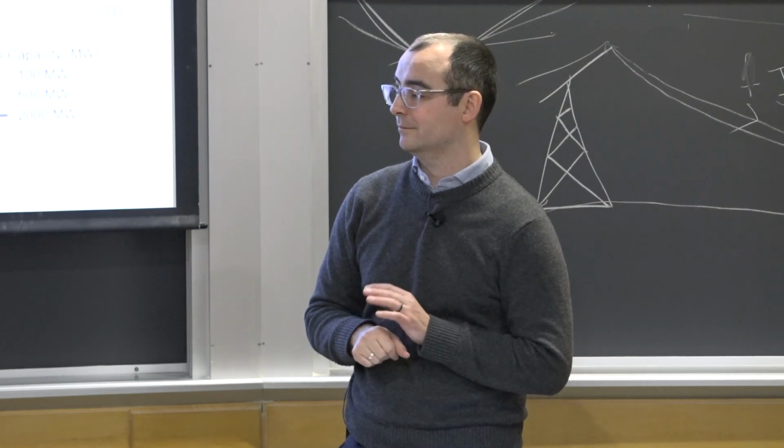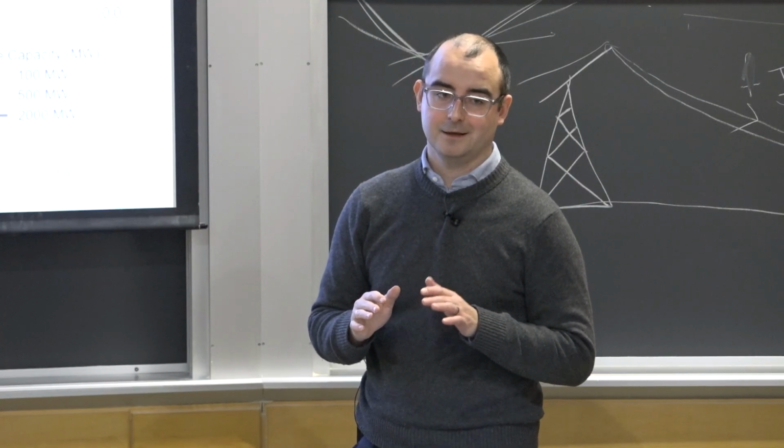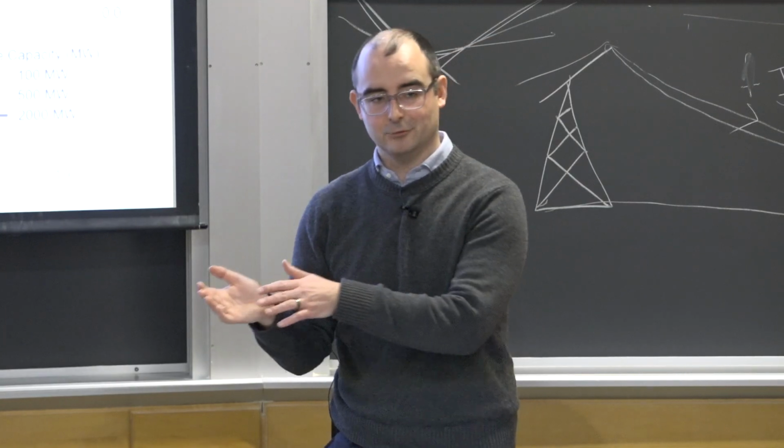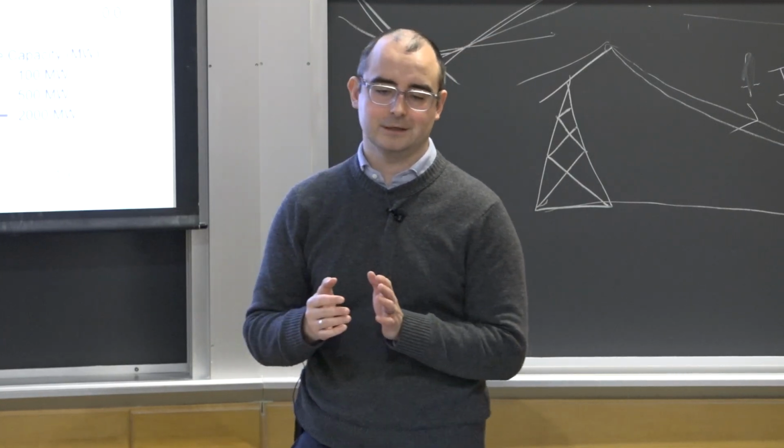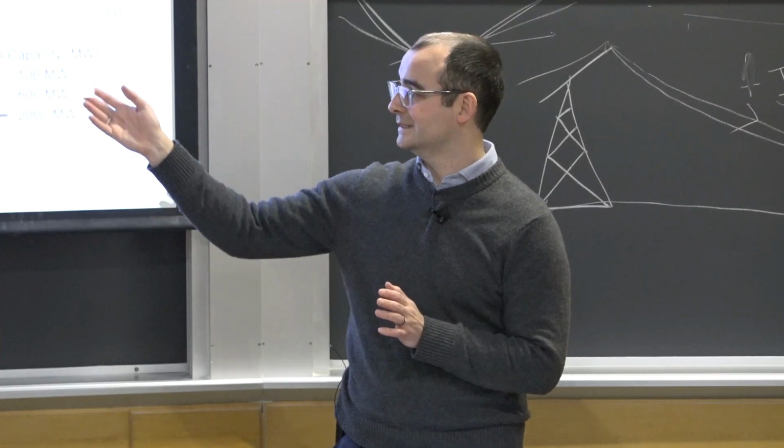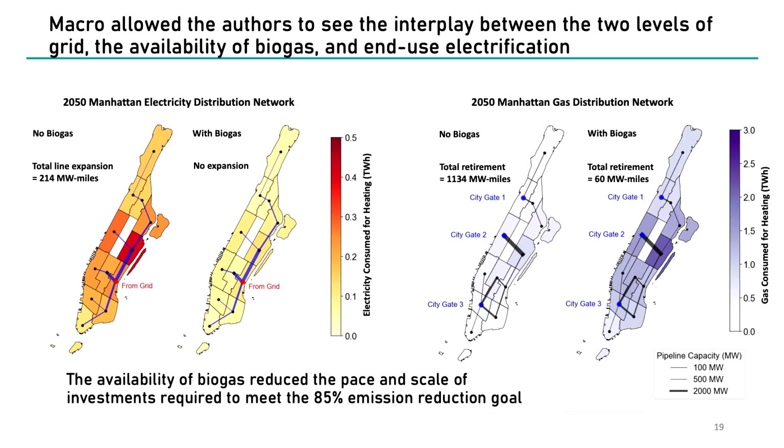You could put in some constraints on the model to say, I want to avoid some people in one of the parts of the grid paying a lot more than everyone else, so you have some kind of L1, L2, some kind of measure of inequality across the system. But by default, it just looks at the average over everyone. So it's possible that there are big discrepancies in how it ends up.